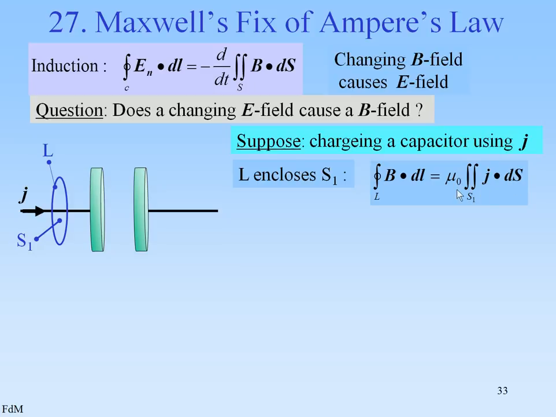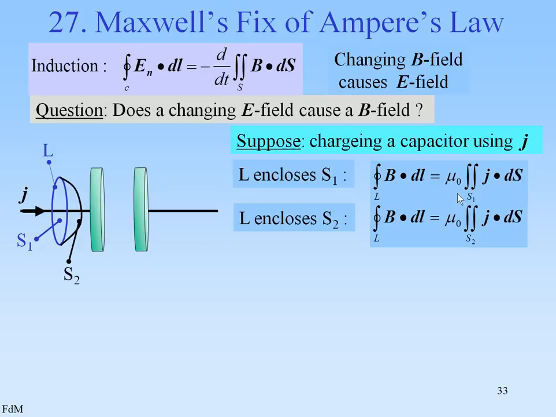This is Ampere's law. Now we change the surface a little bit, from S1 to S2, and L encloses S2 as well, and this means that also for the surface S2 the same Ampere law is valid.